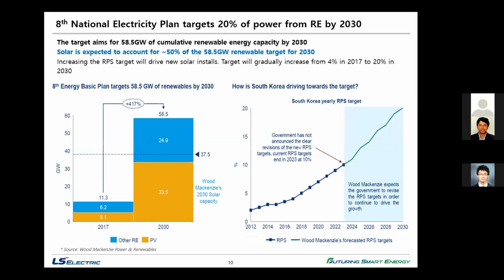So how do we implement this idea in reality? This is a detailed plan discussed during the 8th National Electricity Plan to make renewable sources reach 20%, which is 58.5 gigawatts by 2030.